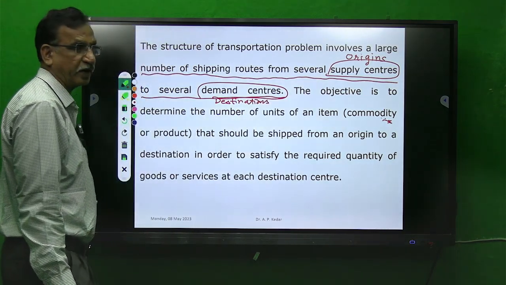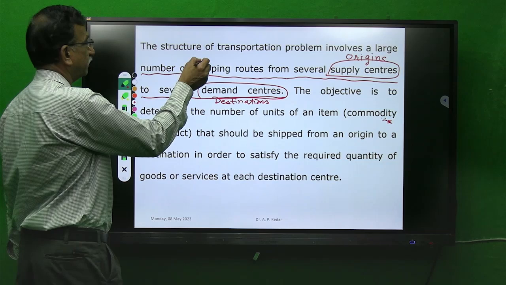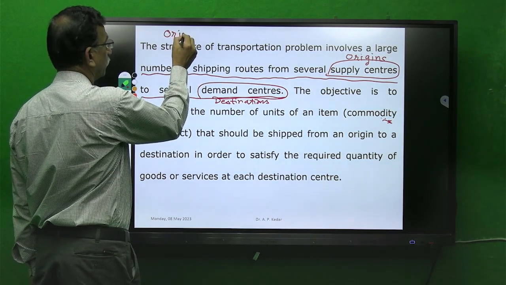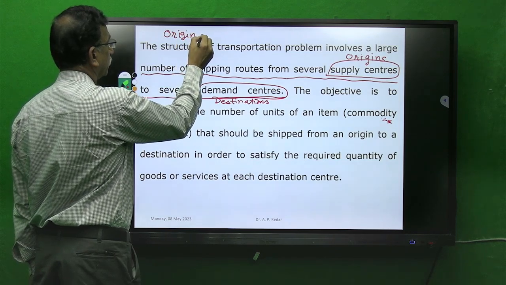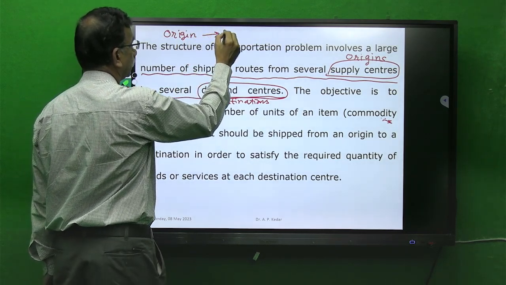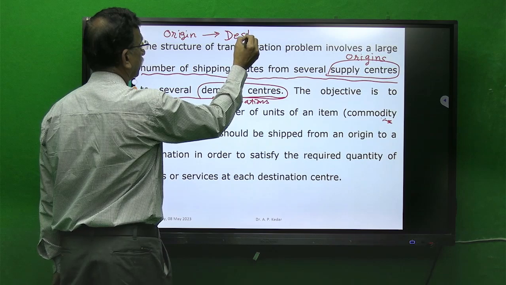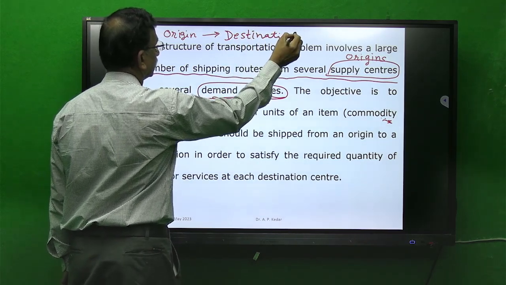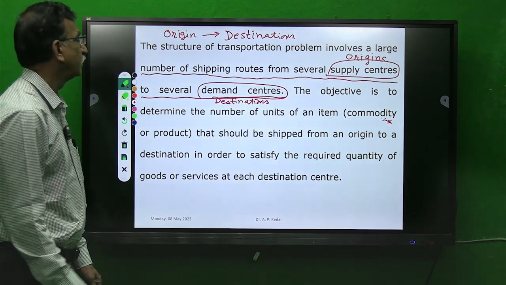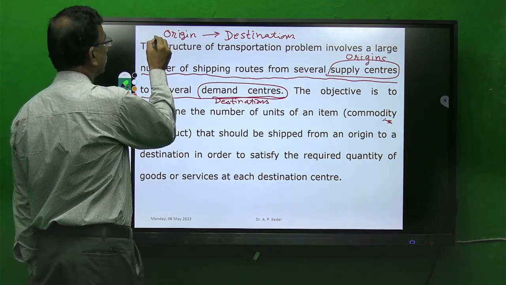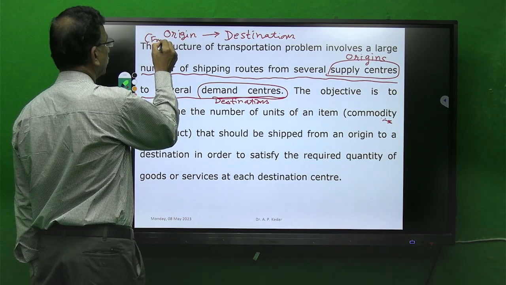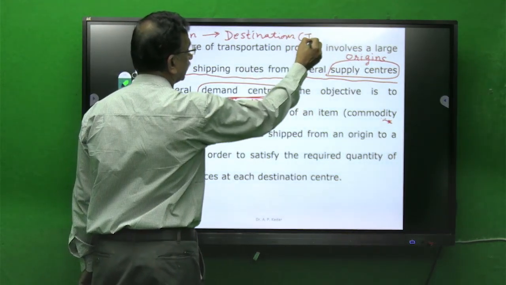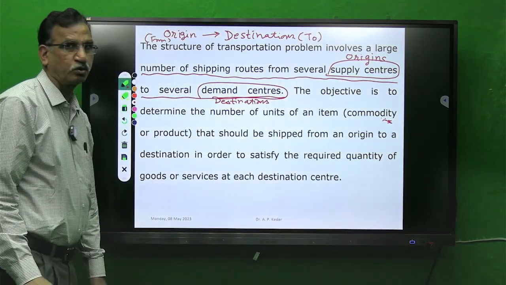So ultimately it is a matter between the source or origin and the required locations which we call destinations. The origin will act as a supply, means here it is from, destinations will be needing, so we will write to.